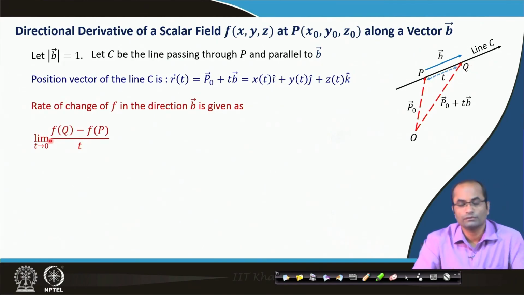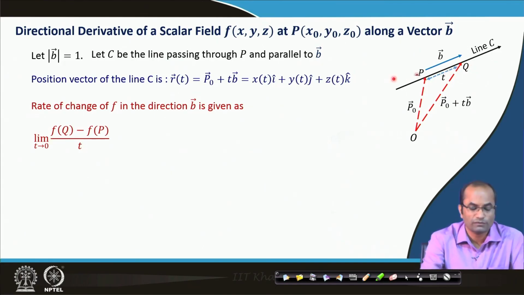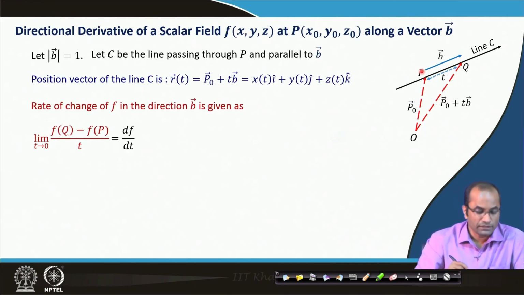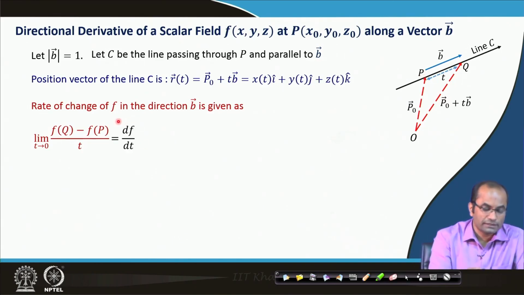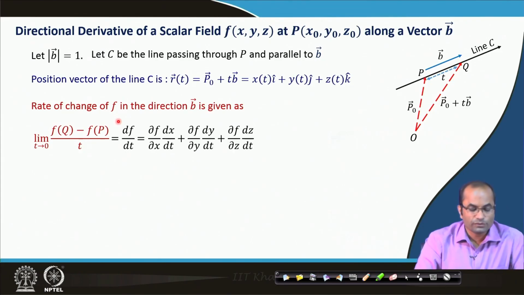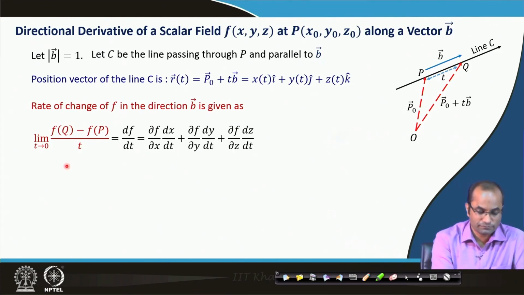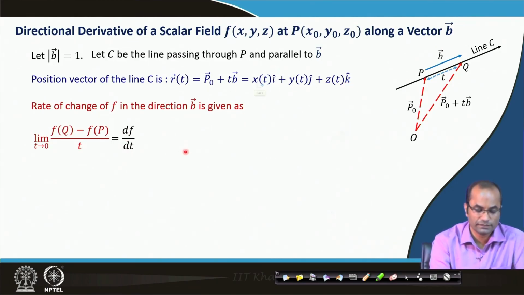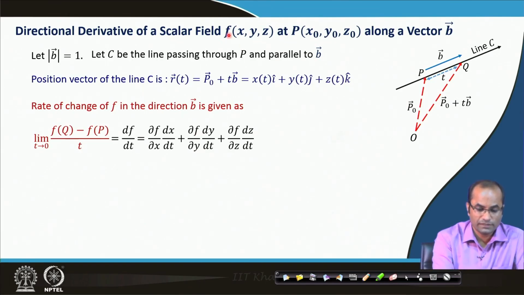Then we are interested in what happens to this quotient as t approaches 0, because we want to find the directional derivative at the point p. This is exactly the df/dt we want to compute, and using the chain rule we can have it, because f is a function of x, y, z.